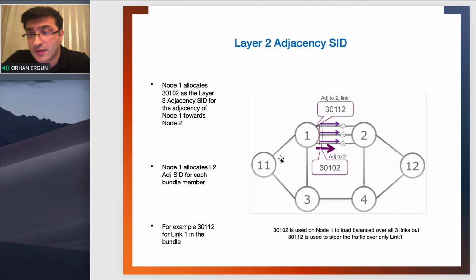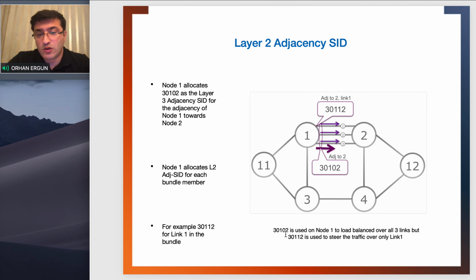But if you send with the node seed of R1 and then agency seed value 30,112, not 102, 112, you are telling that node, I want you to send specifically over link 1. Link 2, another layer 2 agency seed, link 3, another, etc. So that level of granularity we have.